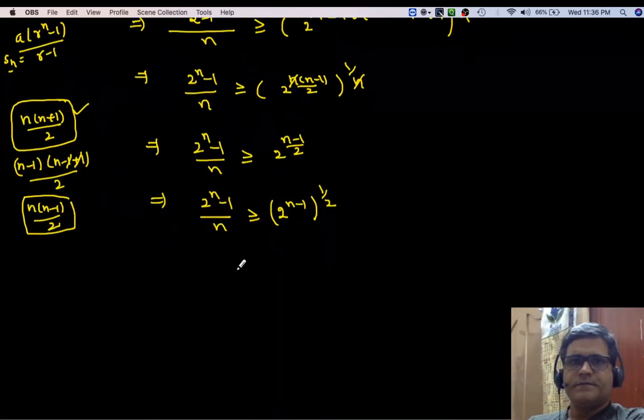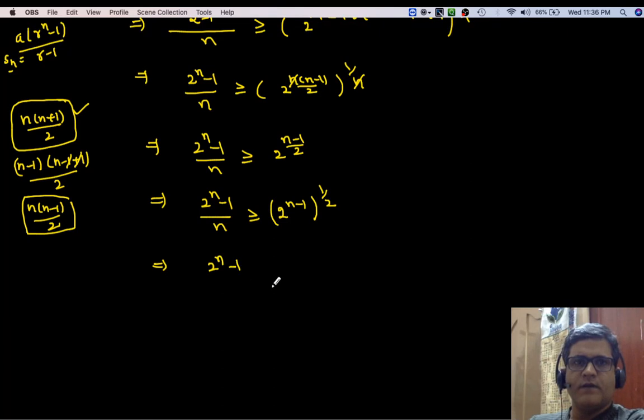Next, this implies this is 2 power n minus 1 is greater than or equals to, here n is a positive number. If you take it to the right hand side, inequality remains same since n is a positive number. Therefore n into square root of 2 power n minus 1, since power 1 by 2 is the square root. This is our required result.